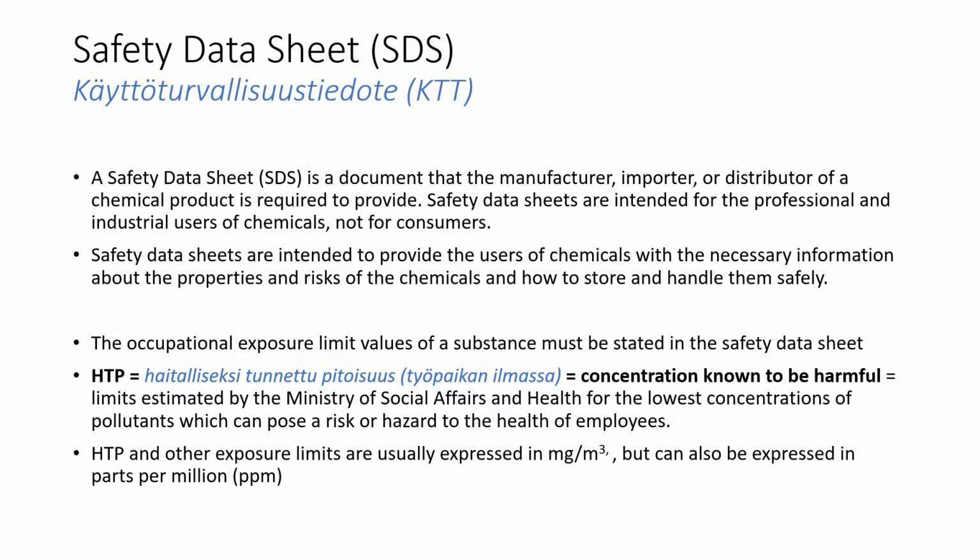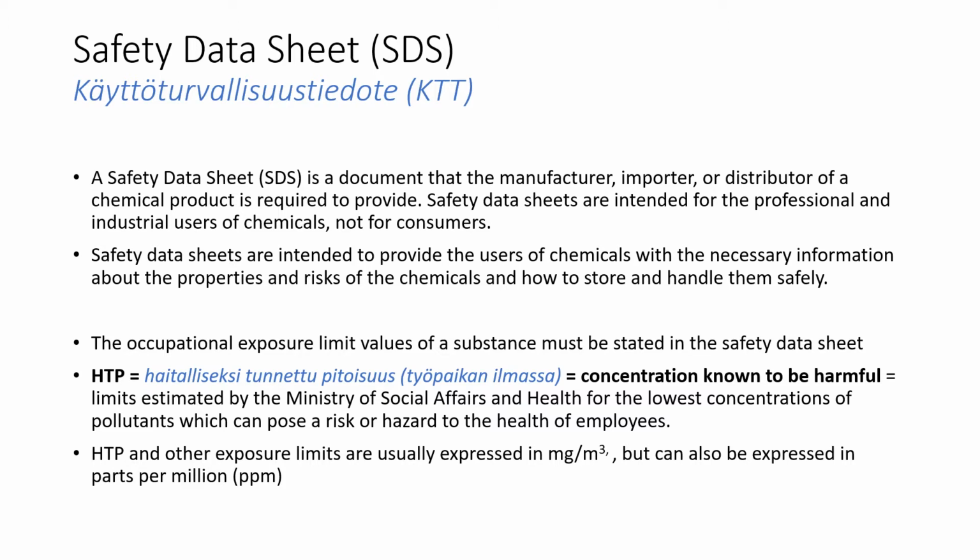An employer has a responsibility to communicate the presence of hazardous materials in the workplace and how workers should handle them. An employer must maintain safety data sheets and make them available to employees electronically or by paper.